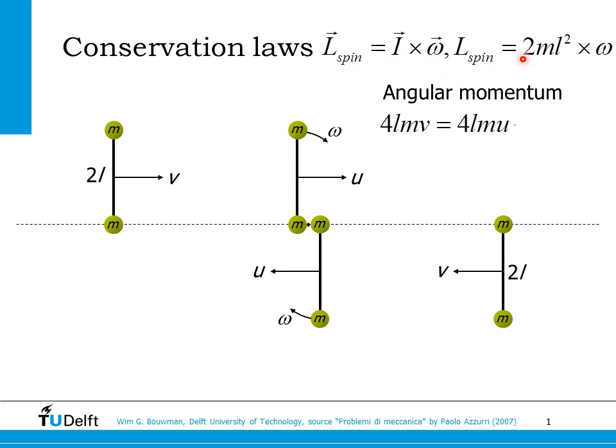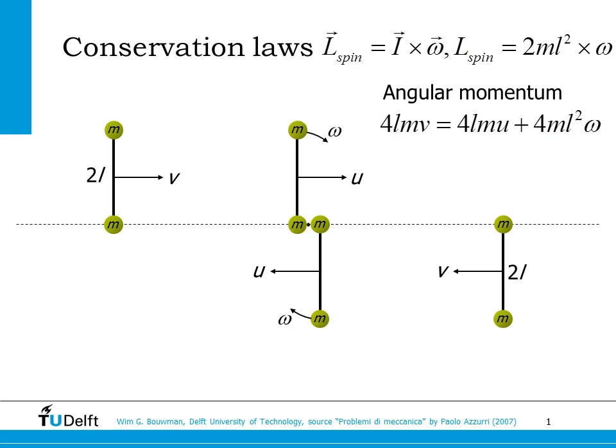In this case the mass is 2m, and the distance from the center is L. So this is the rotational momentum of a dumbbell, and this is the total angular momentum due to the spin of one dumbbell. So if you take both of them, this is 4mL squared omega.